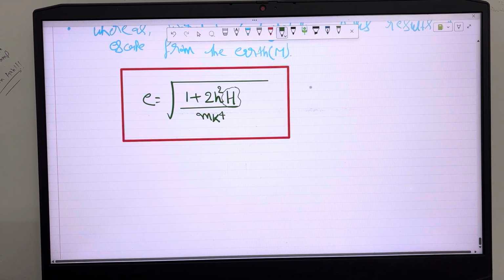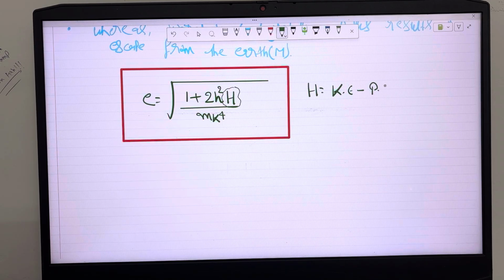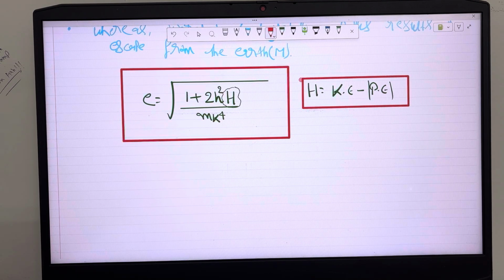So h is termed as the difference of kinetic energy minus potential energy, but this potential energy will be in mod. This eccentricity is depending on this h, right?